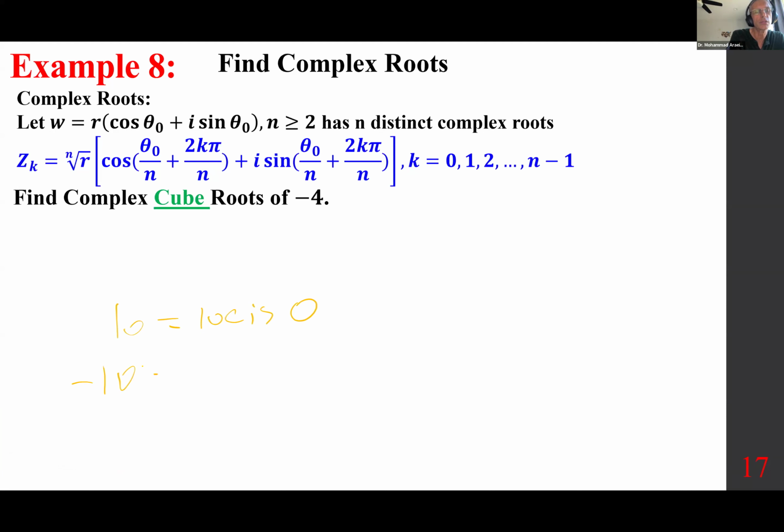But minus 10 is 10 cis pi. So minus 4 is 4 cis pi, or 4 cis 180 degrees. And the reason n is 3 is because we want the cube root. So I hope that's pretty straightforward.